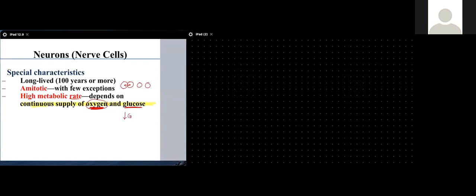In this case, my blood glucose will drop. And this might result in a hypoglycemic coma. I will lose consciousness because of the drop in the blood glucose levels.